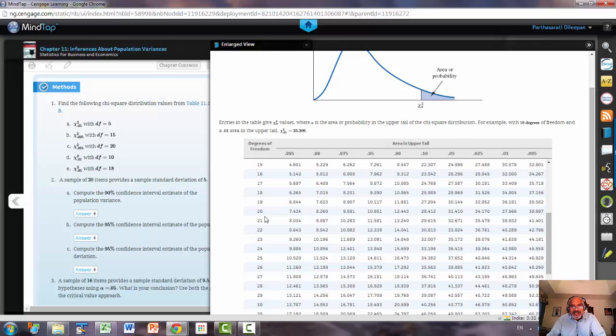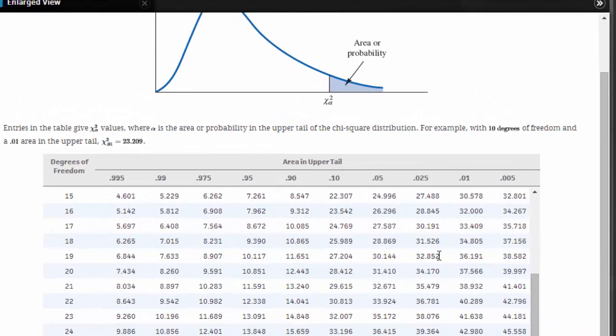So you have 19 and 0.025 will give you 32.852 here, and the right hand side area for that point will be, take away 0.025, so you get 0.975. So 0.975 will be 8.907.